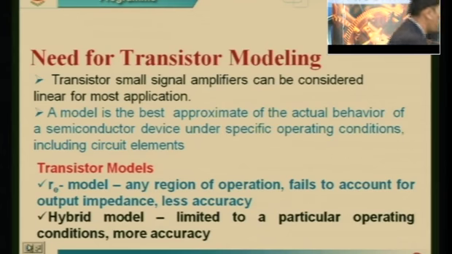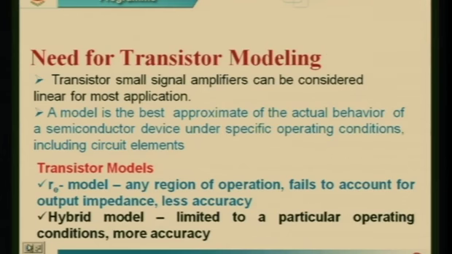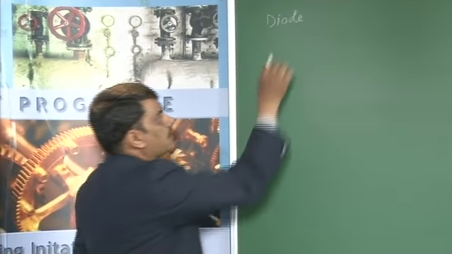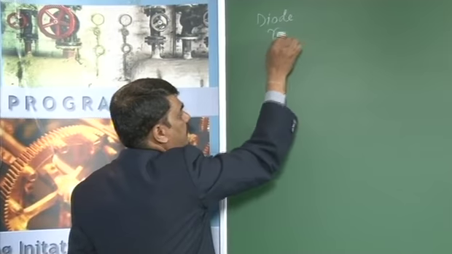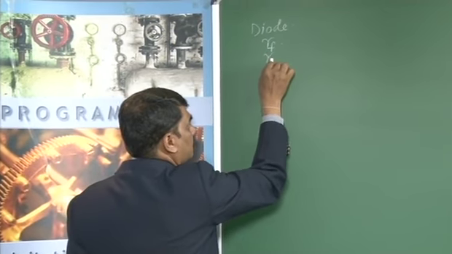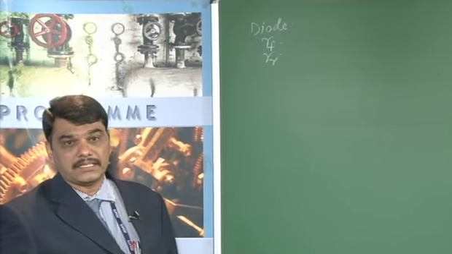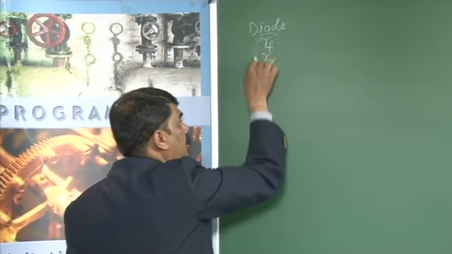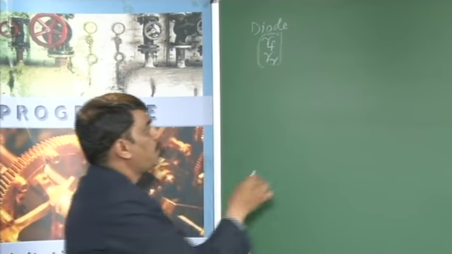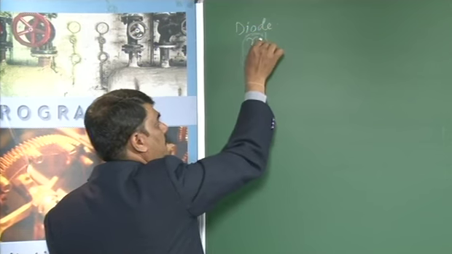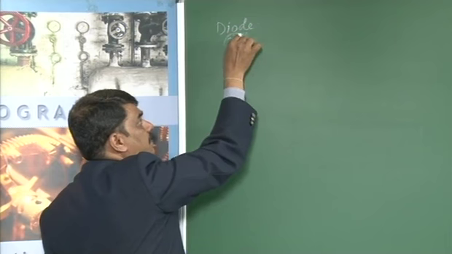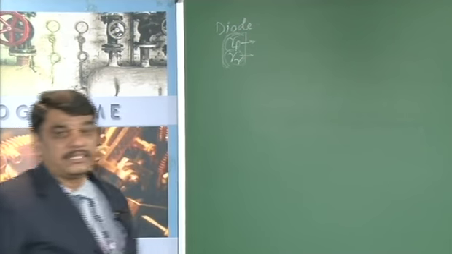In the previous class, we discussed that a diode is modeled as RF when the diode is forward biased and RR when the diode is reverse biased. This means the diode can be replaced by these two components. Therefore, we approximate the transistor as a linear model using a piecewise linear diode model, and then we can replace the two diode junctions with RF and RR respectively.